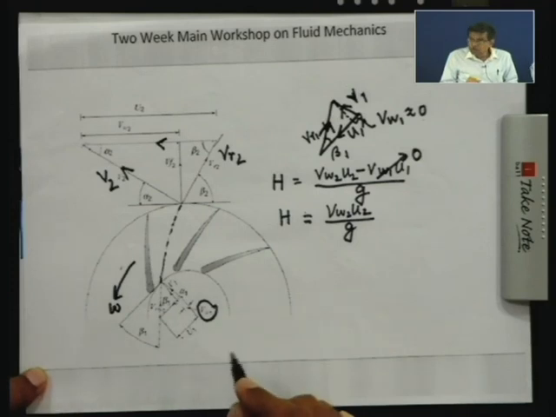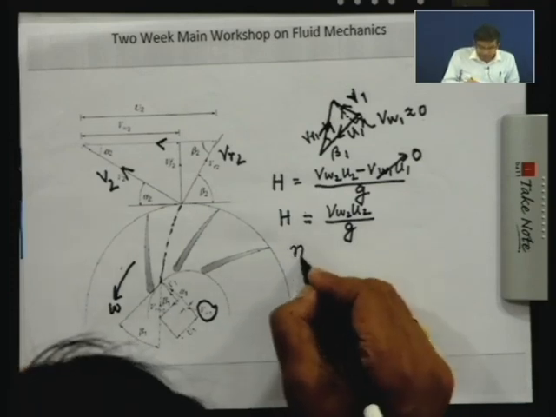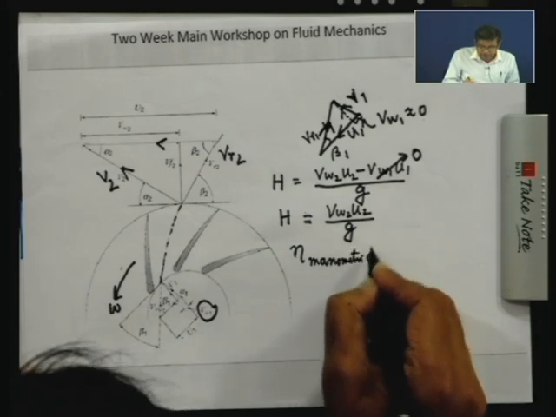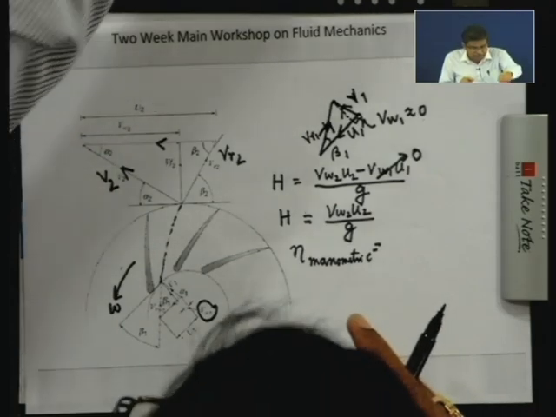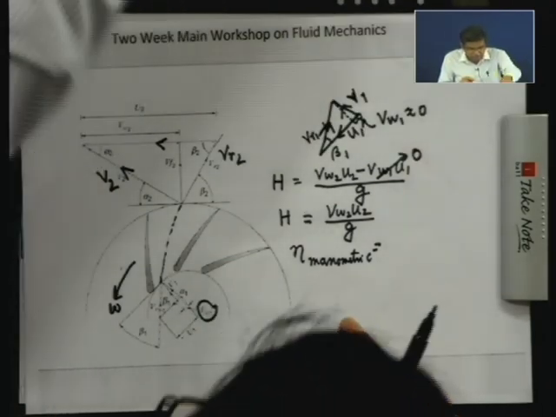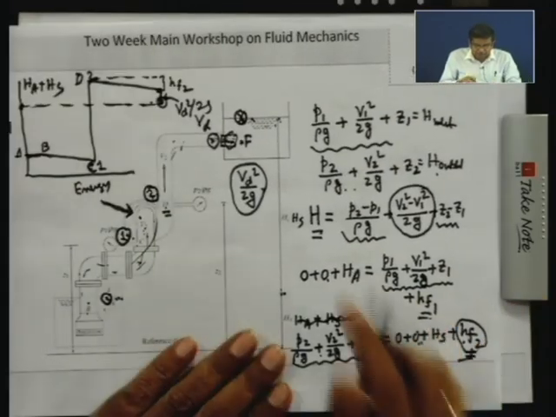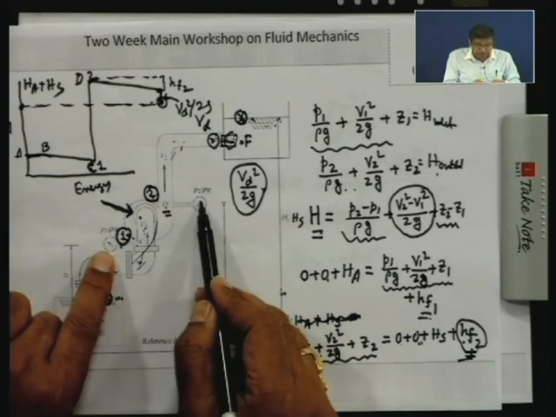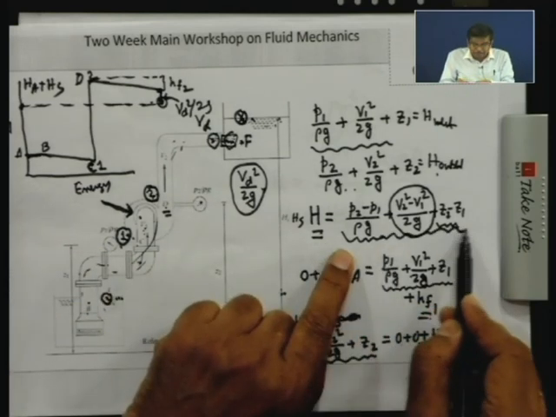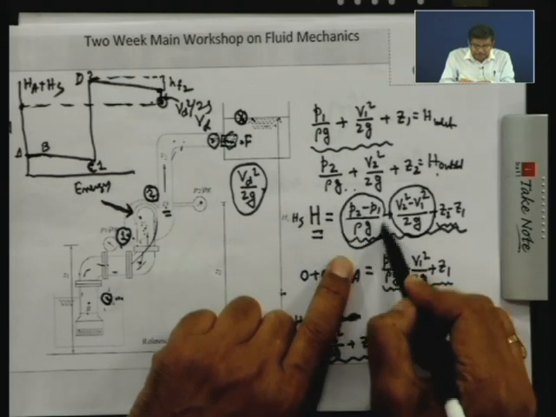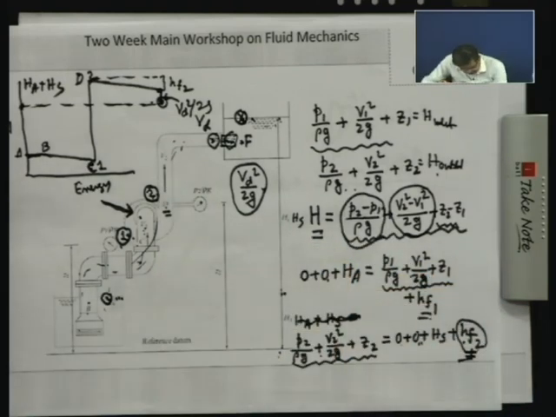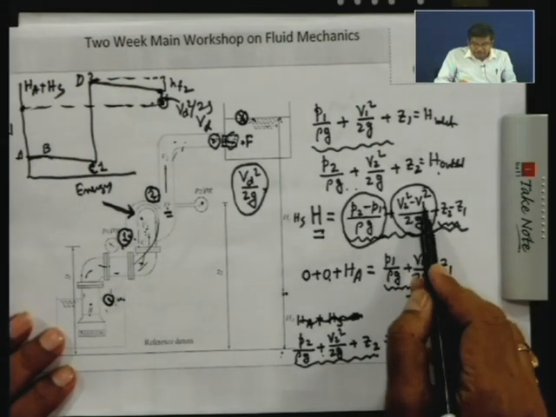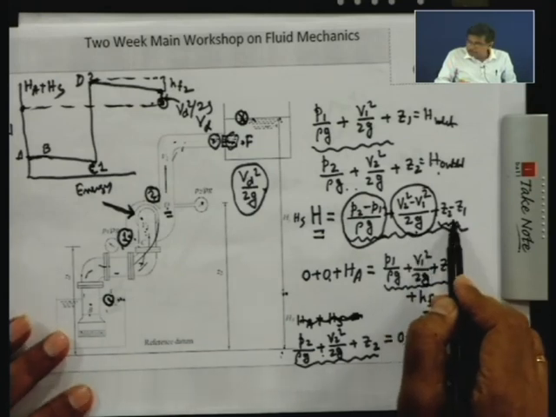Now, here we define an efficiency known as manometric efficiency. Why is it known as manometric efficiency? This is because, when we discussed the head developed by the pump in terms of measured pressure gauges, we measured the pressure at the inlet and outlet, along with the velocities at inlet and outlet and the change in elevation head.